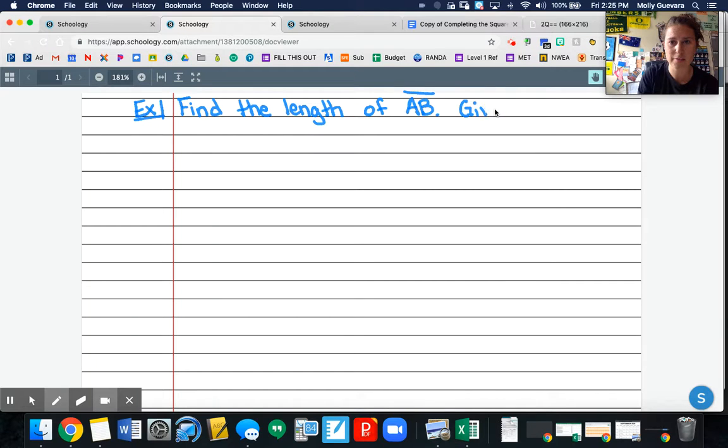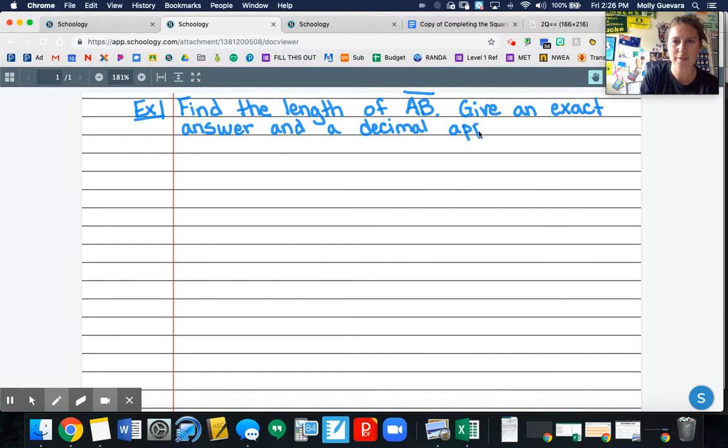And then more specifically, give an exact answer, and a decimal approximation.